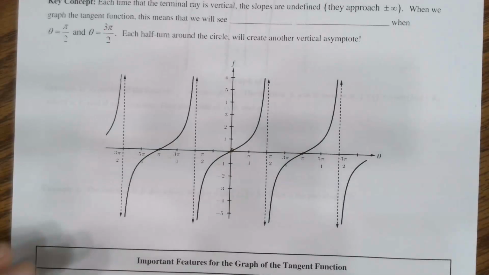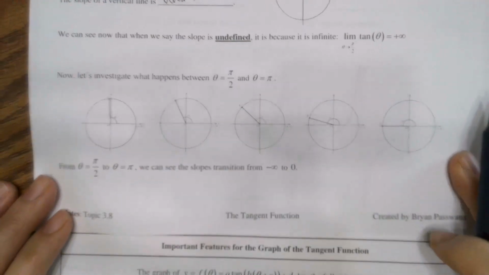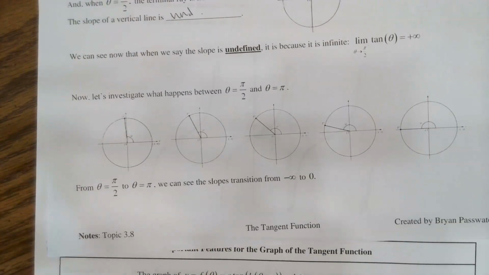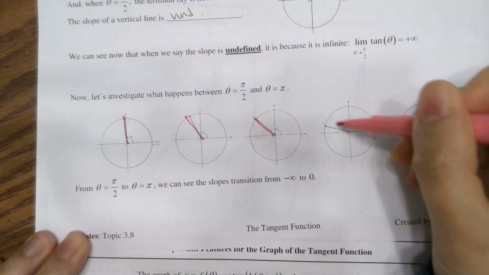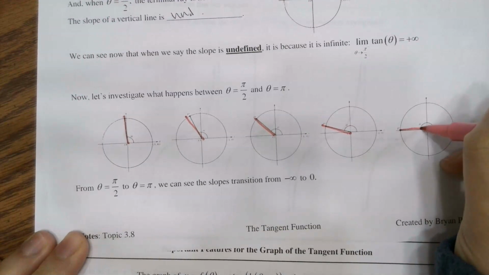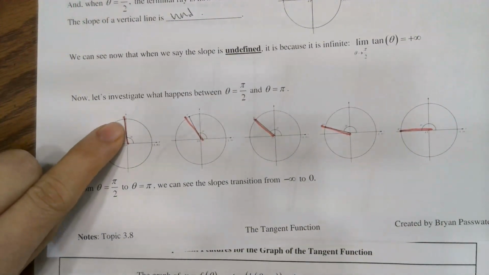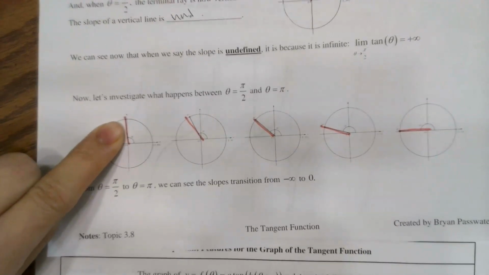Okay, all right. Now then, what about the next quadrant? Pi over 2 to pi. It's supposed to be color, but my printer is a mess. Everything's a mess. That's okay. All right. Look at this line right here. As soon as it's a little bigger than pi over 2, is that a positive slope or a negative slope?